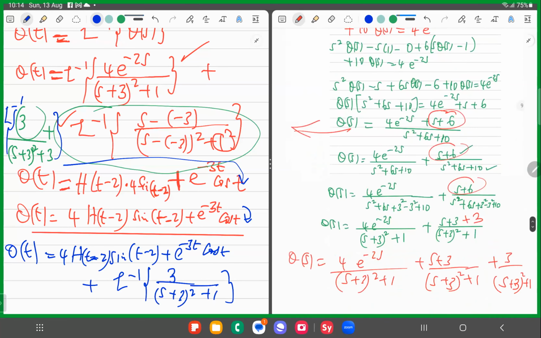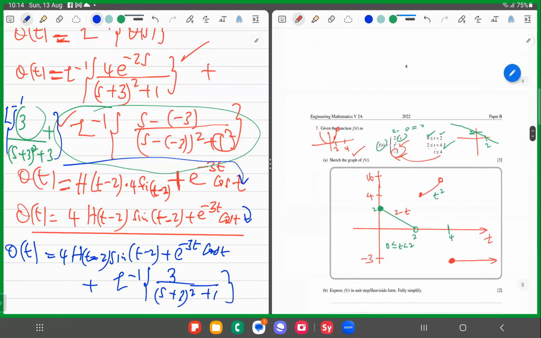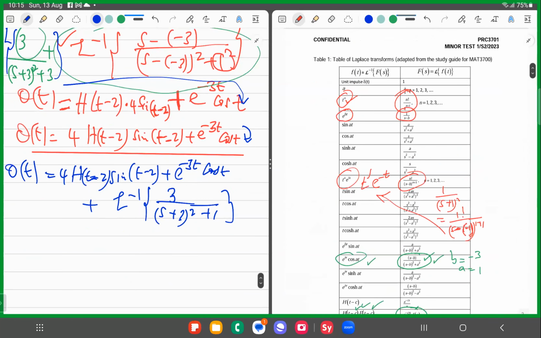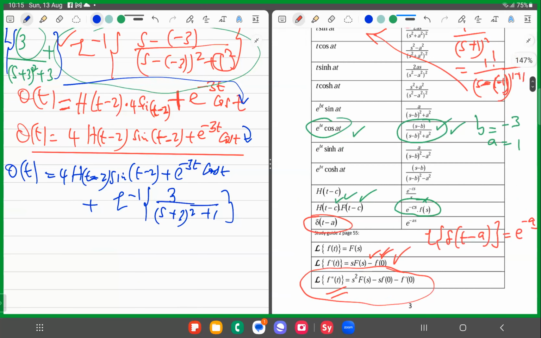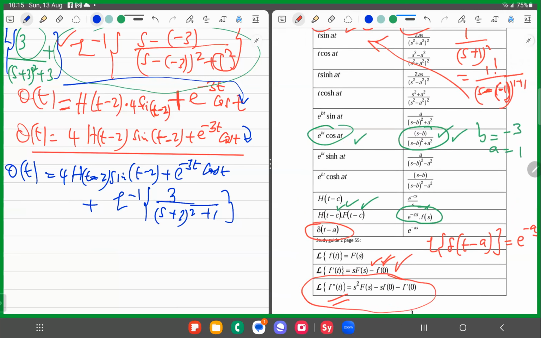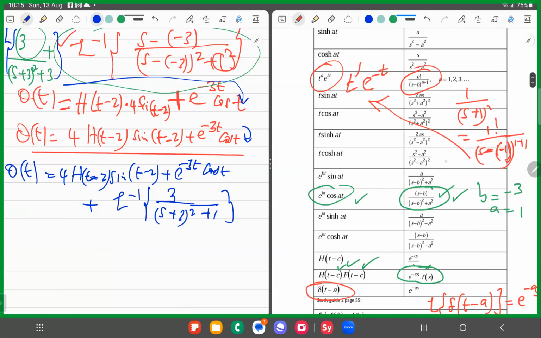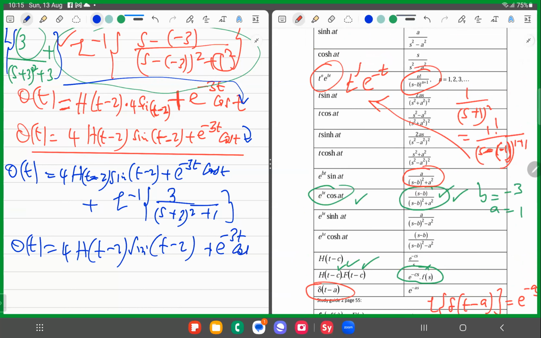As you've seen from the table, it is exactly like this one. So it is theta of t plus 4h of t minus 2, sine of t minus 2, plus e to the minus 3t cosine t. So now this is 3.